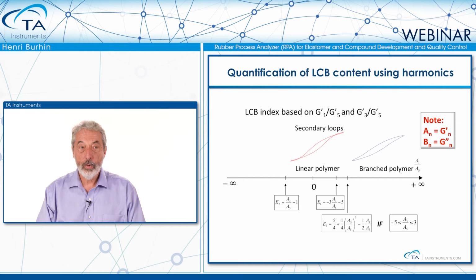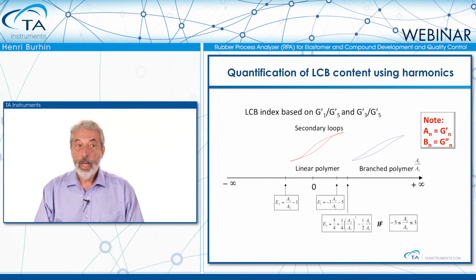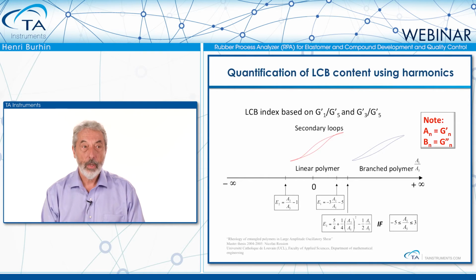So when the ratio of G prime 1 over G prime 5 is larger than E3, which is the calculated value at the bottom, we know that we are in the branched polymer, and that value will be proportional to the quantity of long chain branching. If we are on the left-hand side, meaning the ratio of G prime 1 over G prime 5 is smaller than E3, then we're going to see a secondary loop in the Lissajous, and we now have a linear polymer architecture.